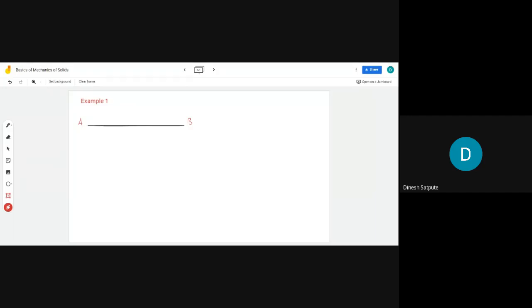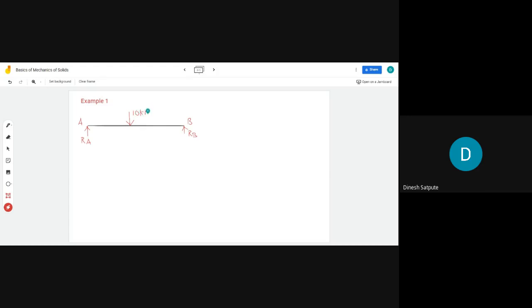So RA and RB, this is simply supported beam AB, and the reactions acting are RA at point A and RB at point B, and these reactions are opposing the force applied in the downward direction, having value W, or for the time being let us consider the value of the force is 10 kilonewton.